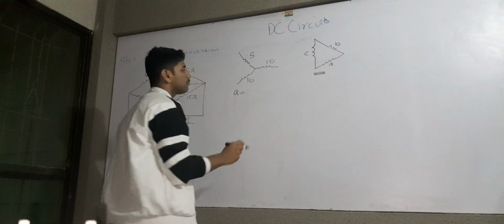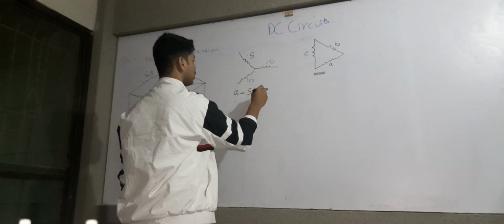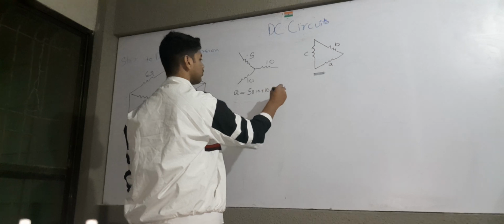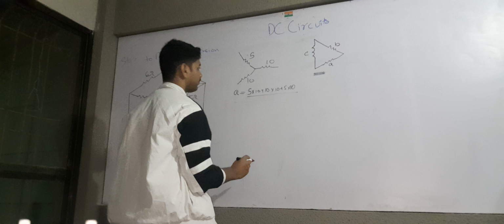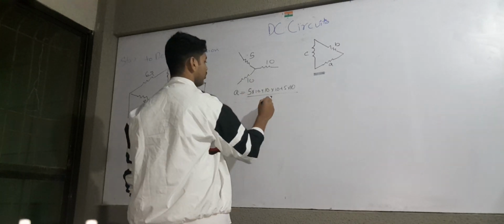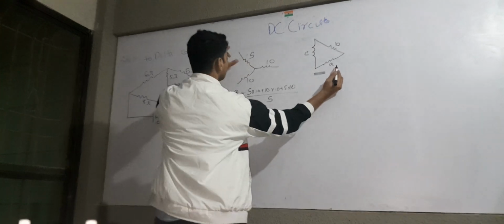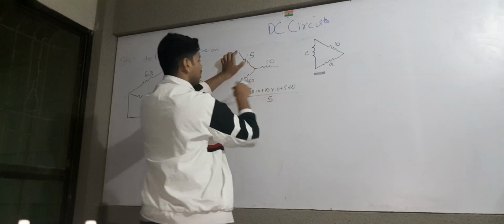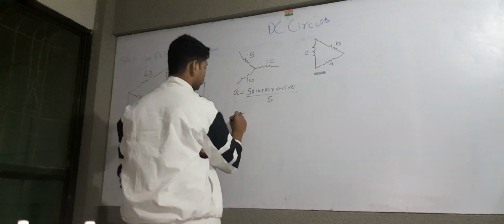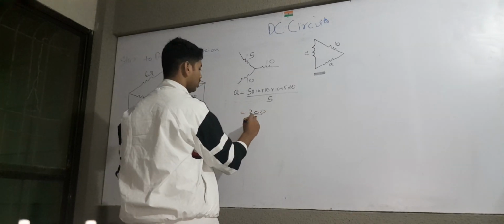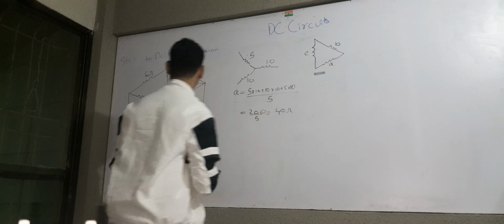For A right here, we get 5 into 10 plus 10 into 10 plus 5 into 10 divided by 5. So we wanted this one, we got the opposite one, and then the combination of all. That would be 200 by 5, which would give us 40 ohms.